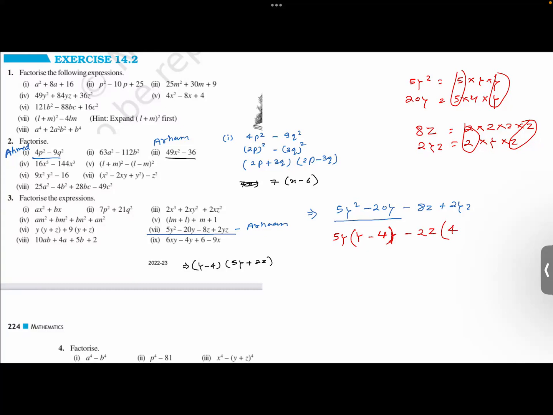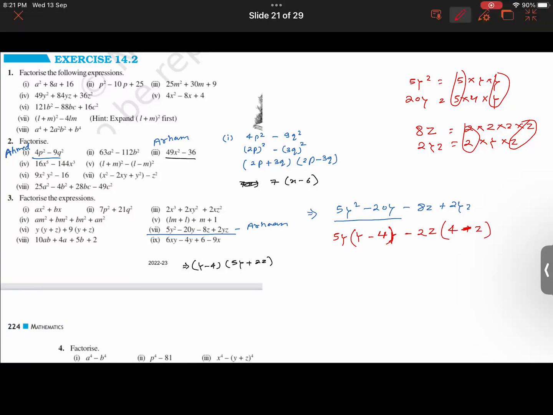It will be plus z here, minus 4. Here we have taken minus 2z, so it's going to be minus z. Good. Now, have we made some mistake here? Is it correct?